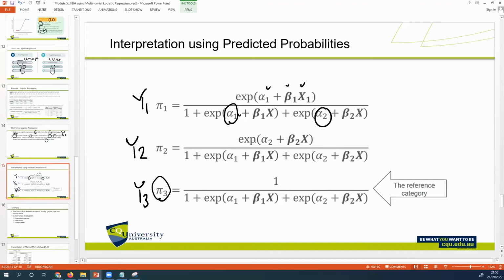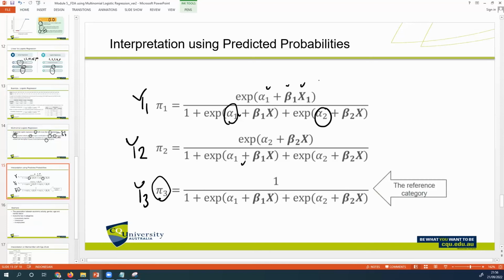Y2 is also the same: exponential of constant 2 plus beta 2 times x divided by 1 plus exponential of constant 1 plus beta 1 x plus exponential of constant 2 plus beta 2 times x.